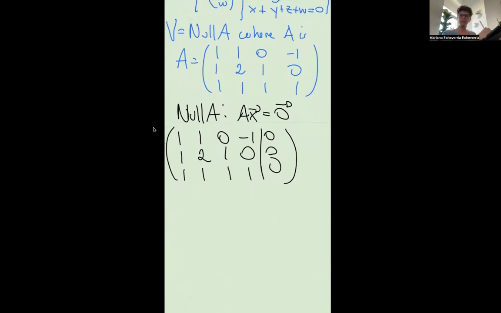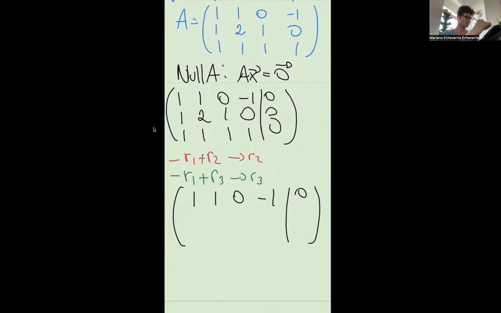So here you have to reduce this to, you can do this, and then you can also do this, so you get 0, 1, 1, minus 1, 0, right?